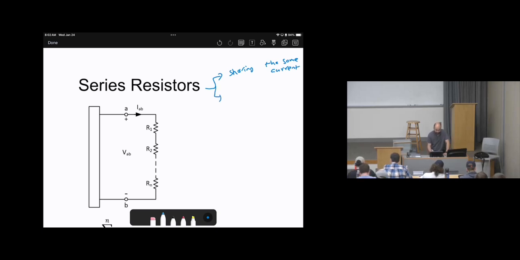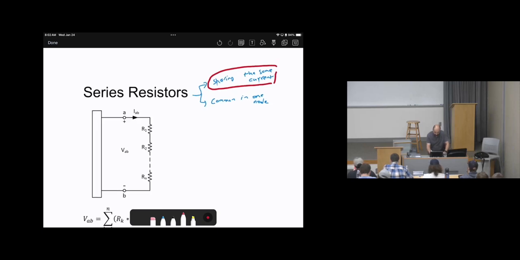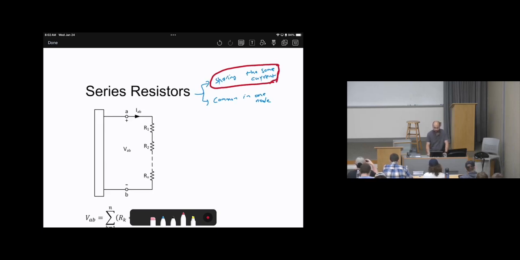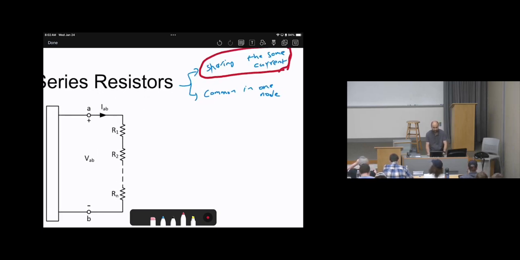We have another condition, which is common in one node. Common in one node, then we will say these two elements are in series. But I would recommend considering sharing the same current. If you find these two elements are sharing the same current, then those are in series.